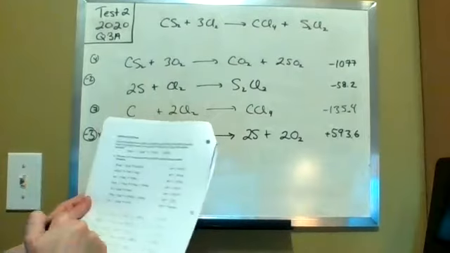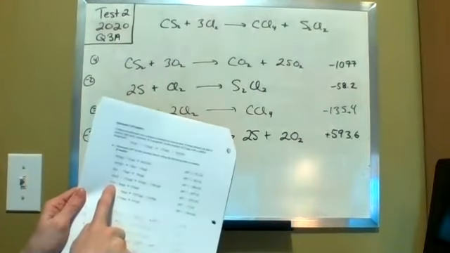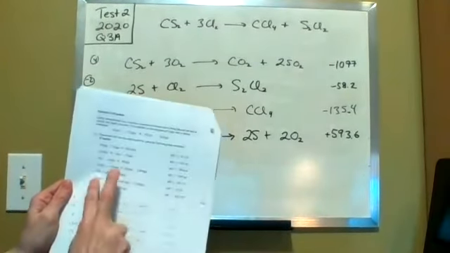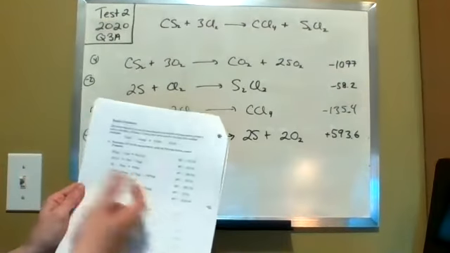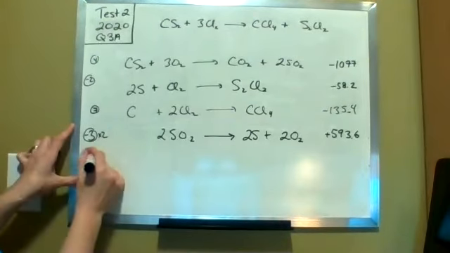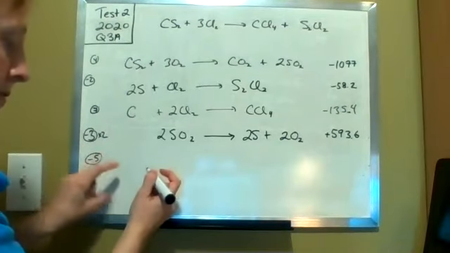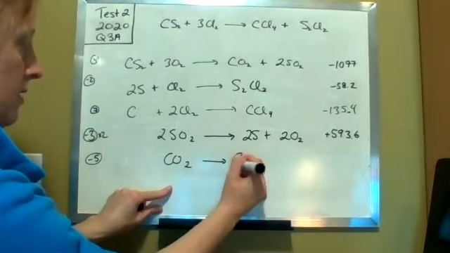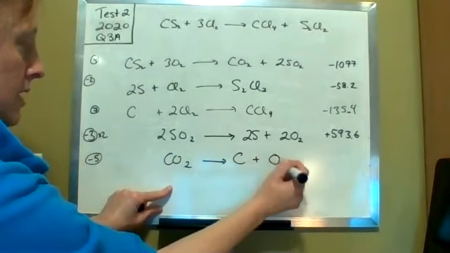So there happens to be a nice equation in there, equation number 5 also has carbon, oxygen, and CO2 in it. So notice it's in the opposite direction of what we're going to want. So you're going to have to reverse the order for that one. So negative of equation number 5, you have your CO2 going to C plus O2.